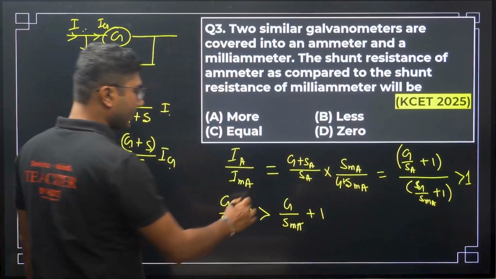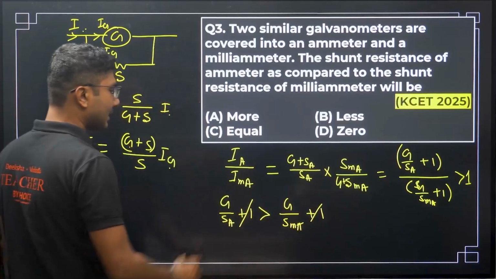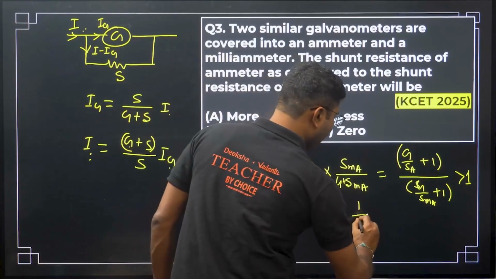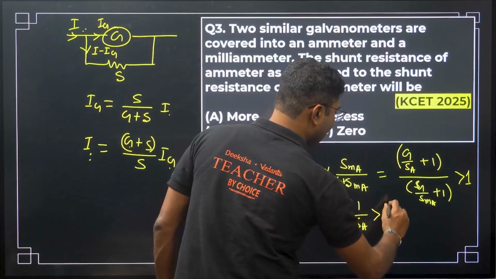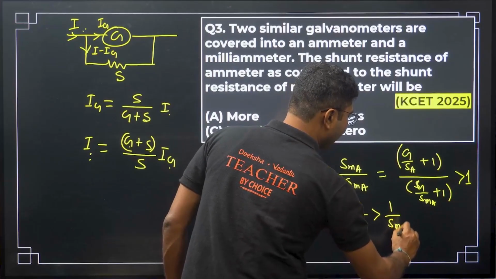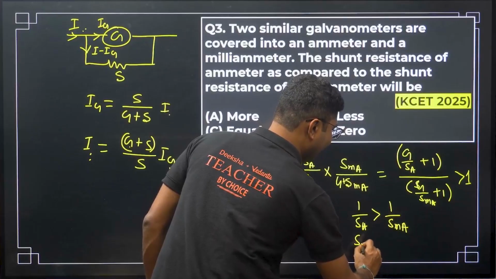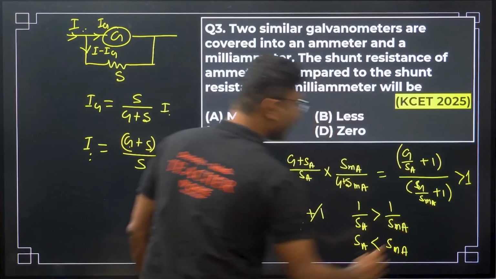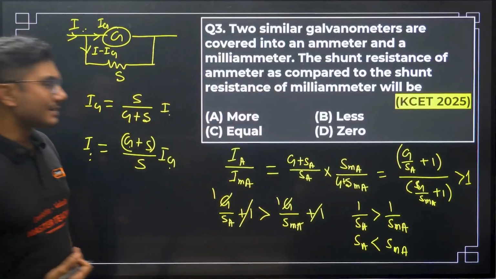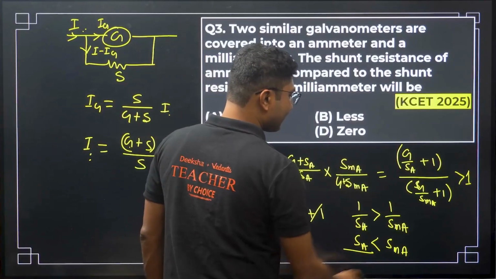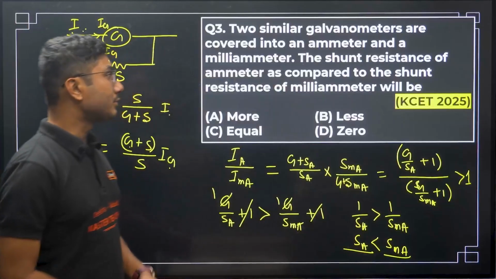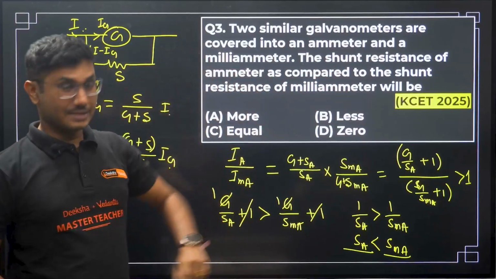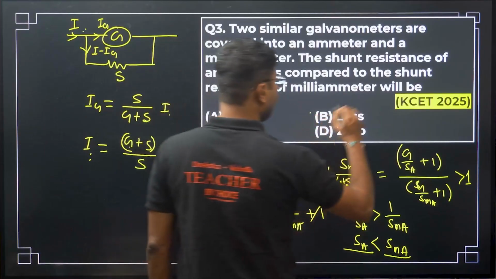So plus 1 gets cancelled, G gets cancelled, so you get 1 by SA is greater than 1 by S milliampere, or SA is less than S milliampere. If you take the inverse, the greater than, less than sign is inverted, so SA is less than S milliampere, so the shunt resistance of the ammeter is less compared to that of the milliampere.